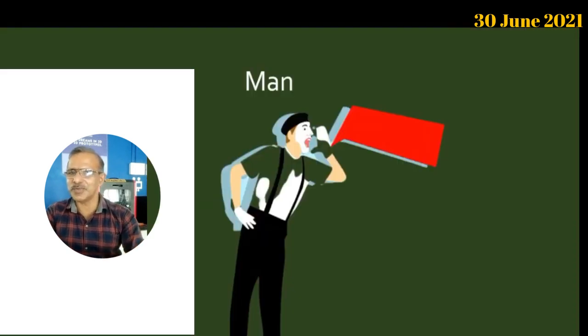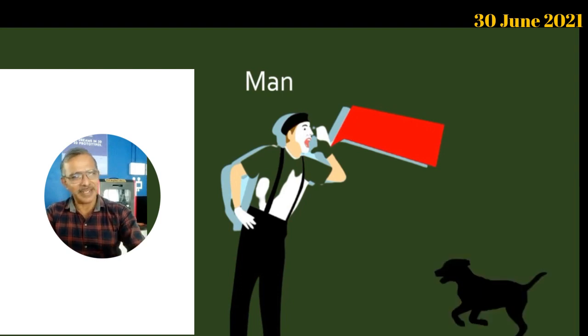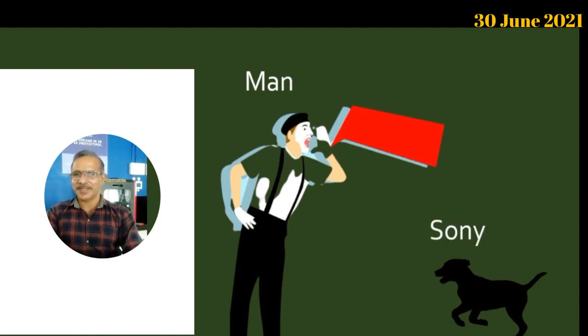let us create a situation. A man and his dog, right? And the name of the dog is Sony. Now please start remembering all these characters of this situation. A man is calling his lucky dog Sony.